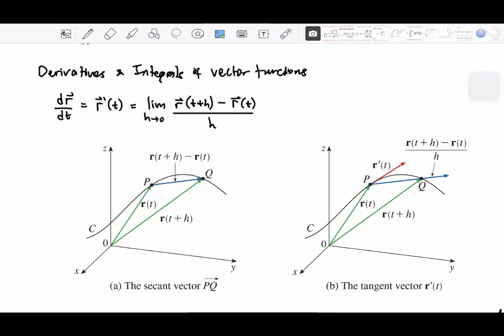Based on our limit definition, as we take h getting closer to 0, which means we take this point Q closer to P, it is practically the same as calculus 1. We say that this is the definition of the derivative.